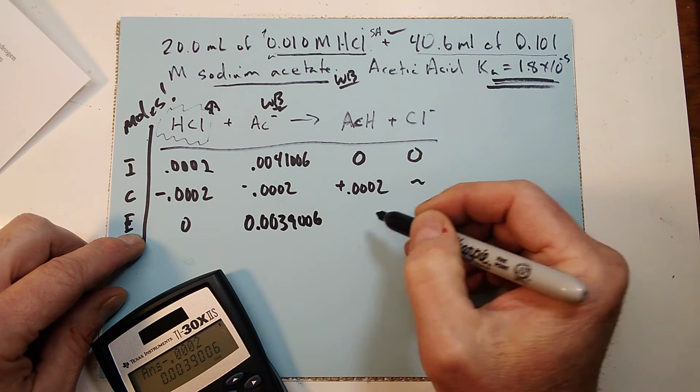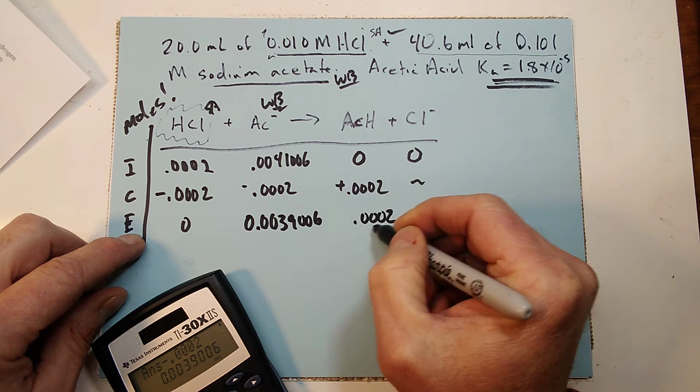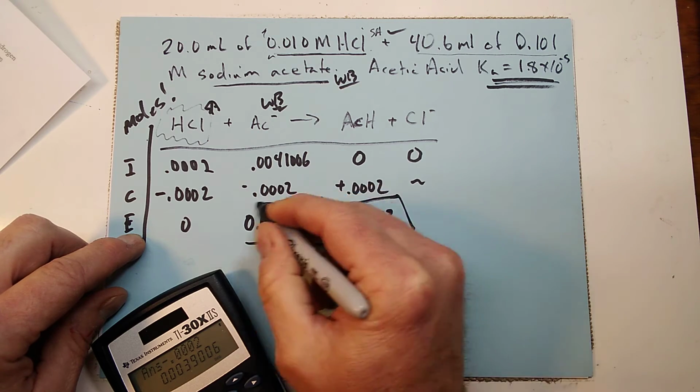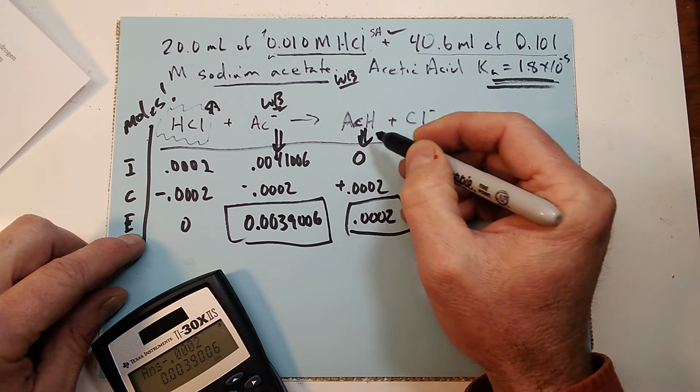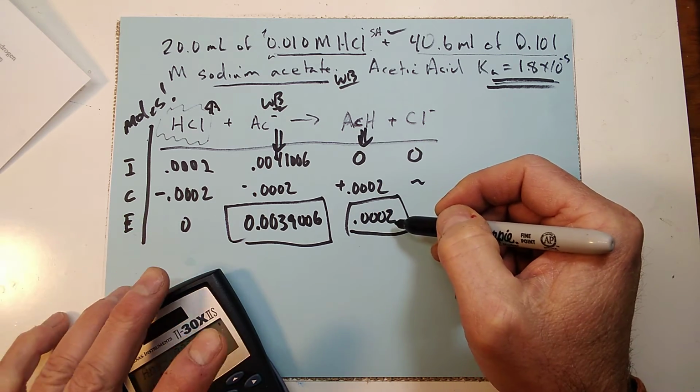0.0039006. And of course, over here, we have the amount of weak base left and the amount of weak acid made.